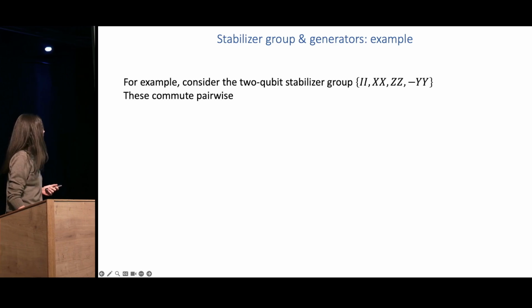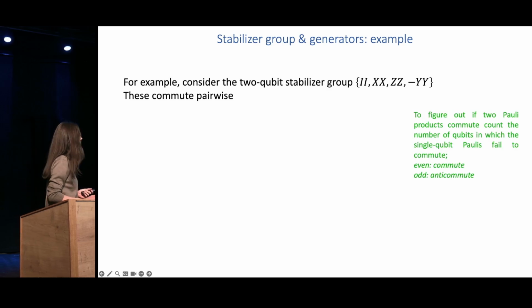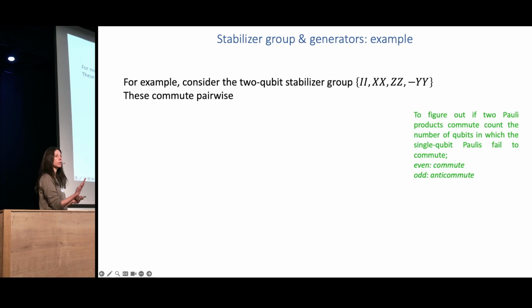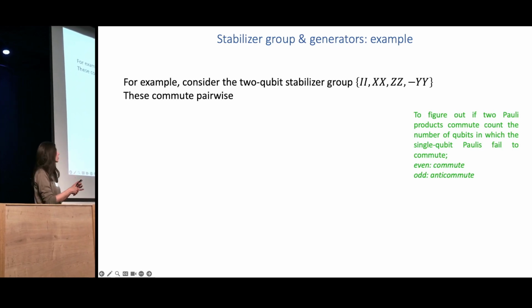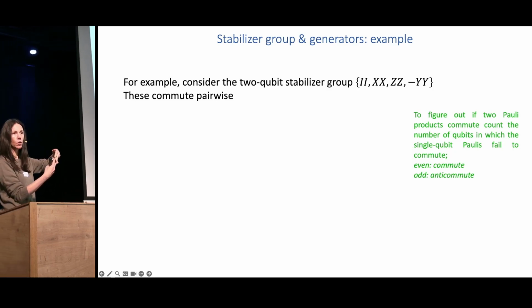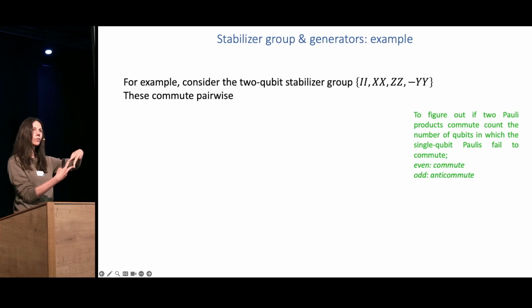So these you can check that they commute pairwise. And a nice trick to quickly check if 2 Pauli products, Pauli operators, commute is to see in how many places do they fail to commute. So if they fail to commute in an even number of places, then they commute.